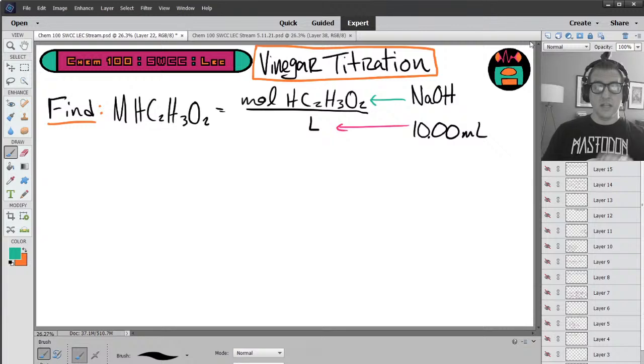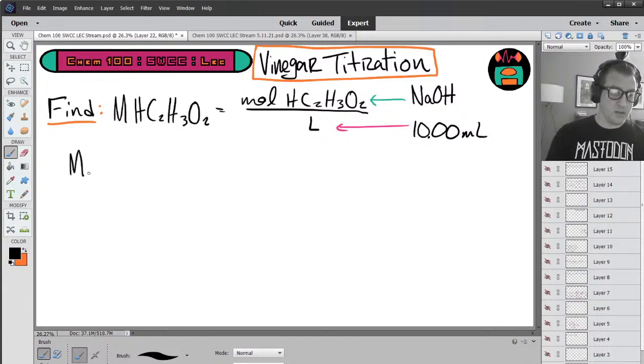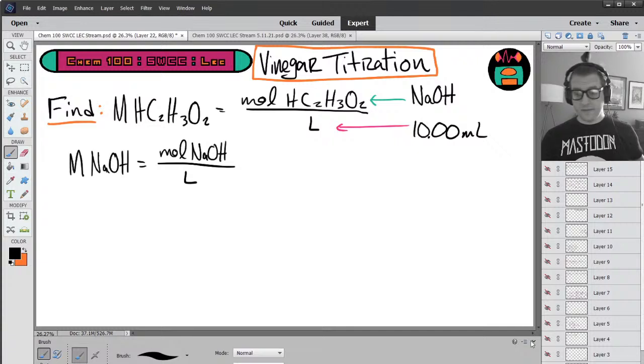All right, let's find our moles of acetic acid. We're given the molarity of sodium hydroxide, which we know is equal to moles of sodium hydroxide over our volume in liters. We're given molarity. We're given initial and final volumes, so we can find our denominator.